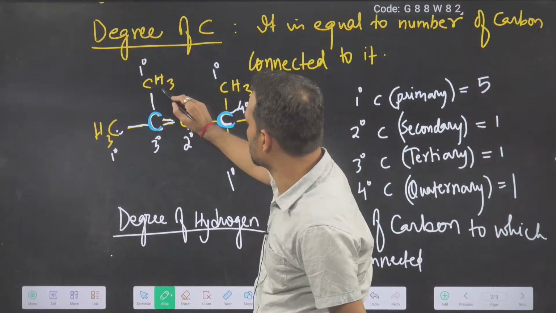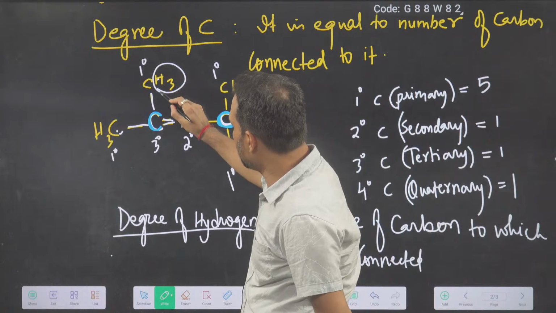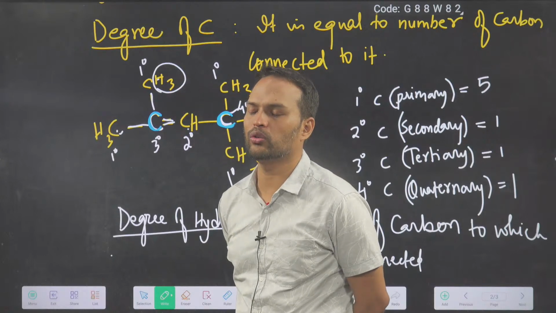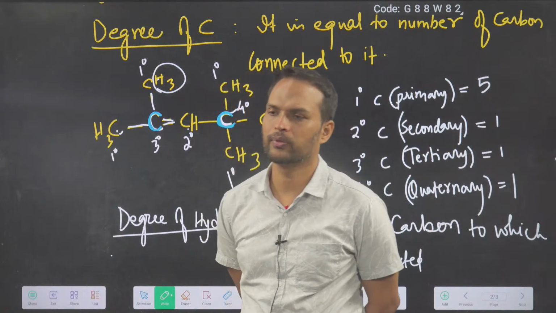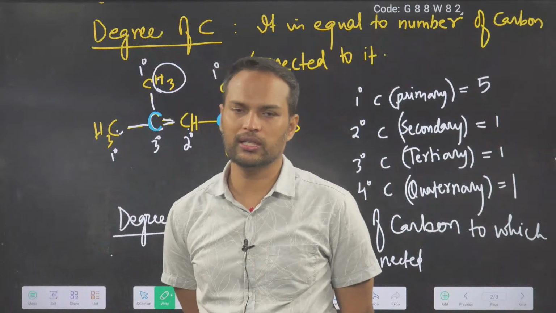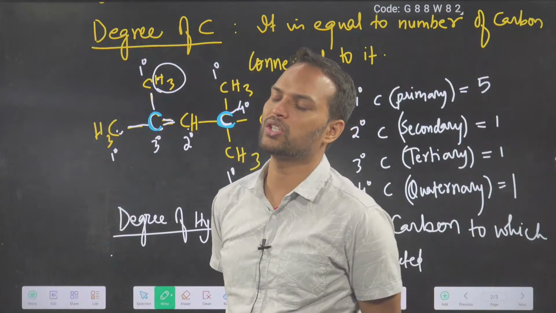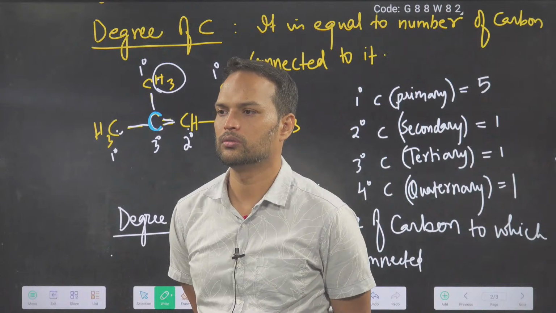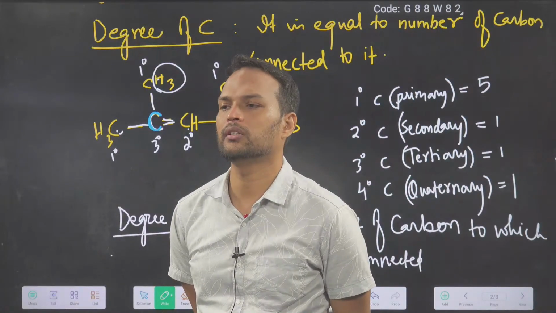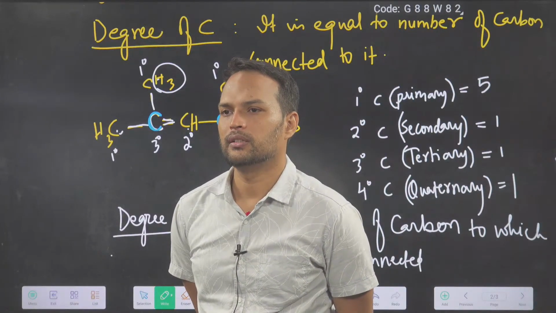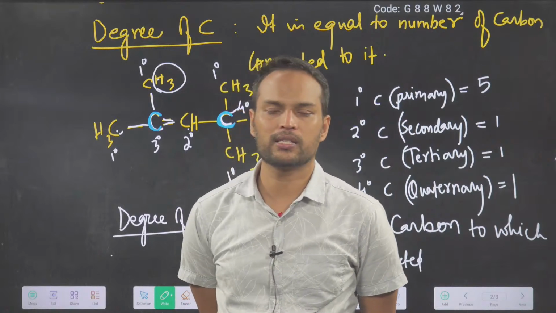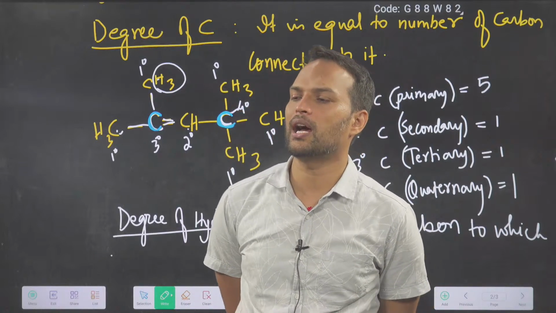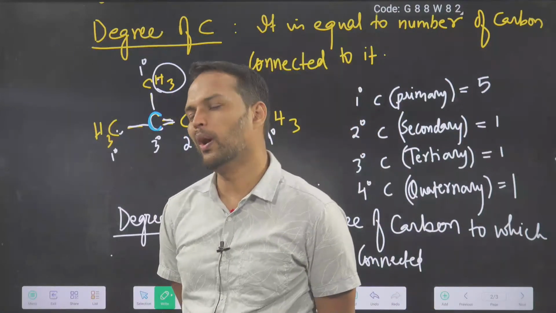Like this hydrogen, look here, this hydrogen is connected to which carbon? Tell me quickly. This hydrogen is connected to which carbon? 1 degree.